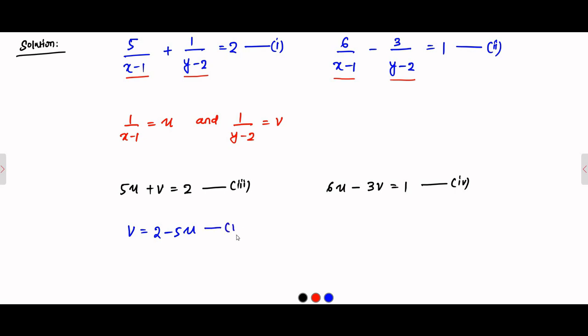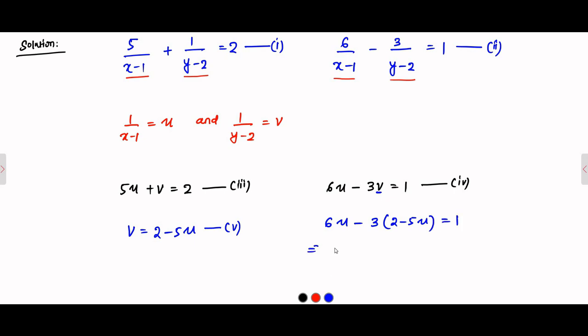Let's call it equation 5. We have represented v in terms of u. Now we'll substitute this v here. So putting equation 5 in equation 4, 6u minus 3 times 2 minus 5u is equal to 1.